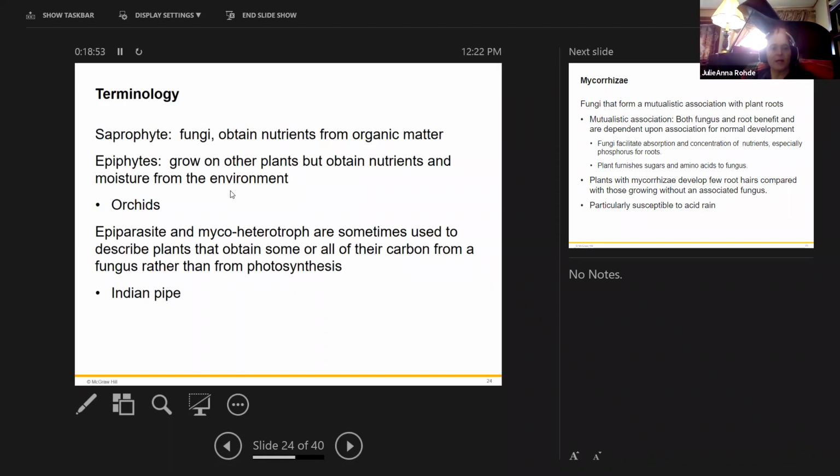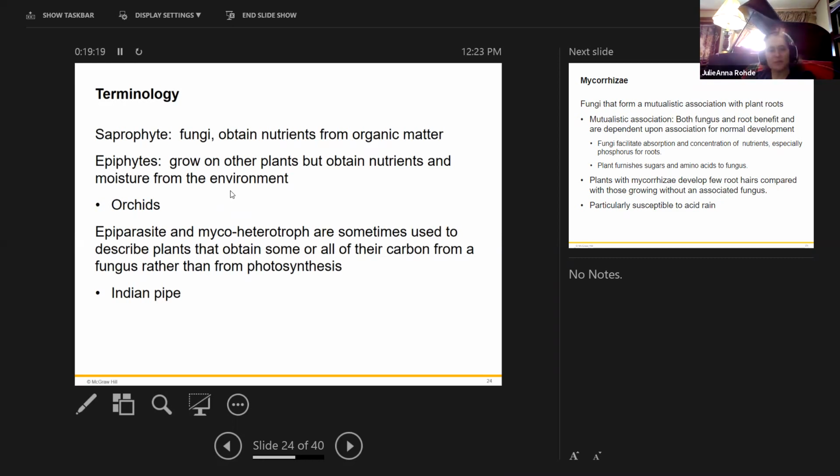Okay. And orchids are given as an example of that. There are some orchids, not all, but some are going to be epiphytes. They're going to grow in relation to another plant. And an epiparasite and mycoheterotroph are terms that are sometimes used to describe plants that obtain some or all of their carbon from a fungus rather than photosynthesis.